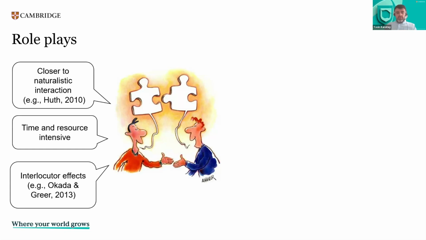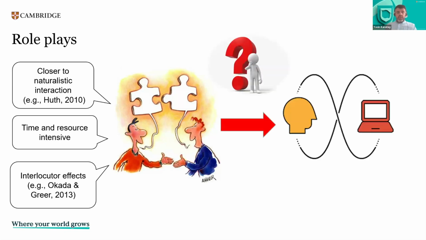The proficiency level of each partner might impact the other and eventually the success of the role play task. So the question is, can technology help us with these issues? Well, the answer is yes. Let me show you how.